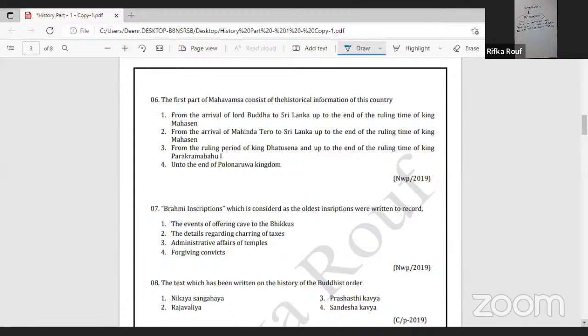Do the 6, 7, 8. And then I will scroll down where you can see the 9th and 10th one. So first you do the first 10 and then we will have a discussion and then let's see how many you have taken correct.